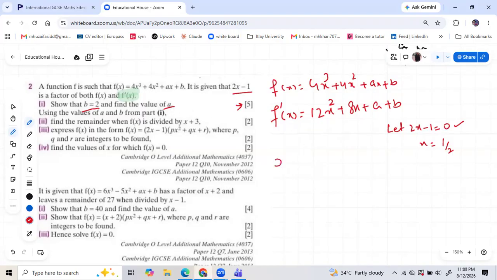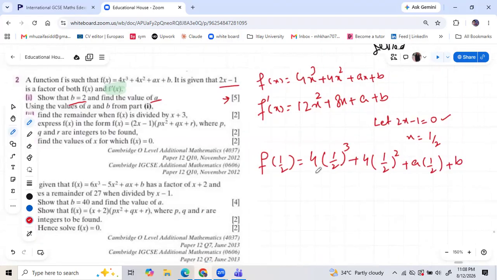So f of 1 over 2 is equal to 4 into 1 over 2 to the power 3 plus 4 into 1 over 2 squared plus a into 1 over 2 plus b. So you know this is equal to what? Equal to 0. Okay.